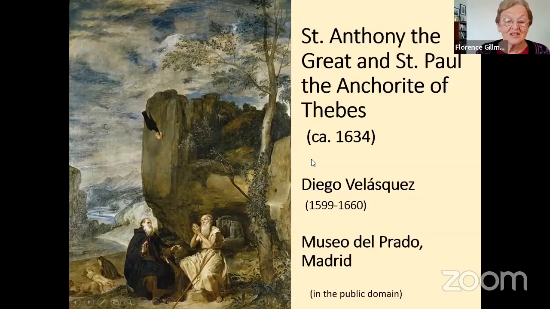But first, let's just see what we can see as this photo of the masterpiece is. So there you see Anthony's in black and Paul is in white, and they're in front of Paul's cave.